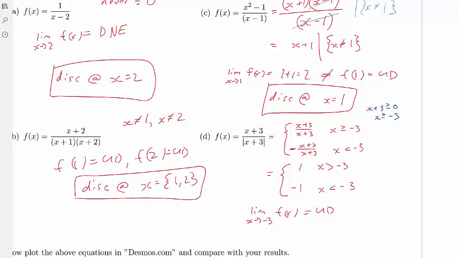If you approach from the other side, you get negative 1. They both have to approach the same number in order for this thing to work. And also, you can't plug in negative 3 anyways. The whole thing is undefined at negative 3. So we would say discontinuous at x equals negative 3.